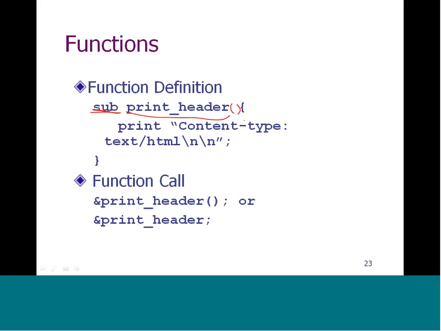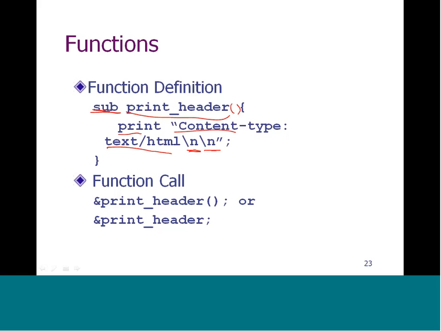And then we start the bracket, and then we specify what exactly is the content of this particular function. Here the content is to use print, and then we say what the content type is, whether it's text or HTML, followed by the new line character, which you are familiar with now.